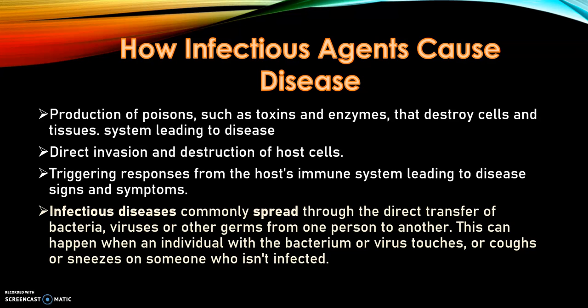Production of poisons, such as toxins and enzymes, destroys cells and tissue, leading to disease. Direct invasion and destruction of host cells triggers responses from the host immune system, leading to disease signs and symptoms.